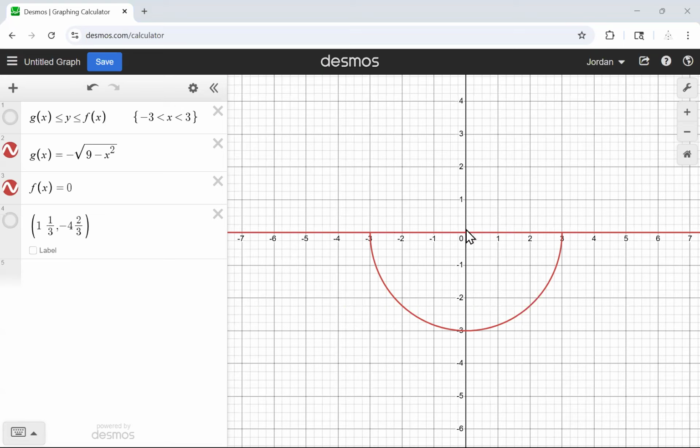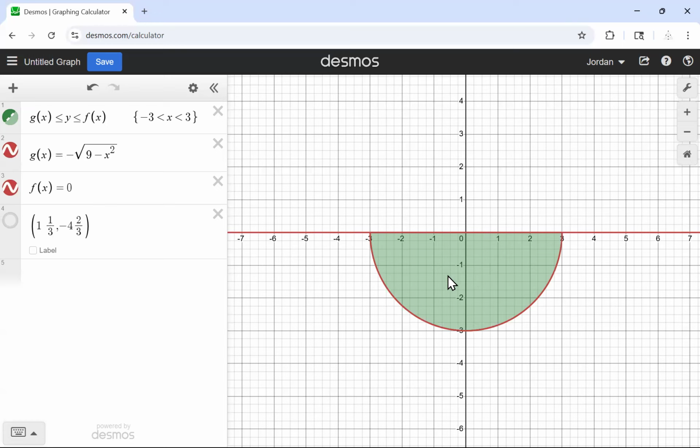Y equals 0 is the x-axis. So the region we're looking at is the bottom half of the circle of radius 3 centered at the origin. And we want to find the center of mass of this object.